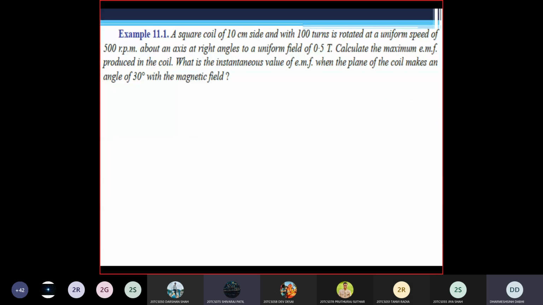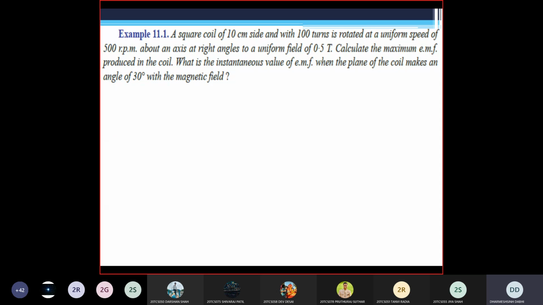I'm not sharing the answer right now. I've just asked you. You calculate by yourself how to find out the frequency. See, frequency is what?